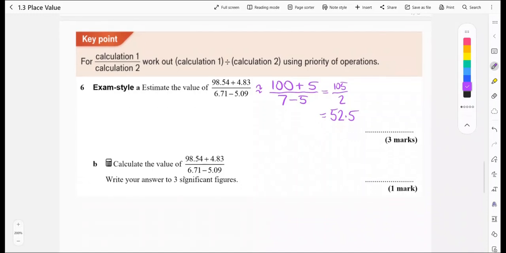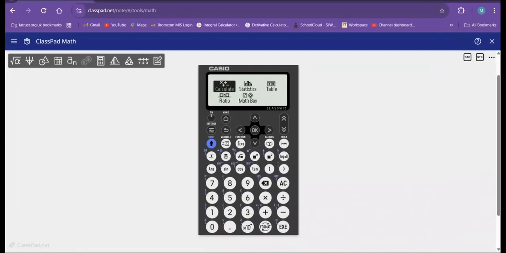Our next part actually tells us to go on and calculate the value using a calculator to 3 significant figures. So let's type that into our calculator. We can start off, we can actually press the fraction button straight away. And we enter in our digits into the numerator.